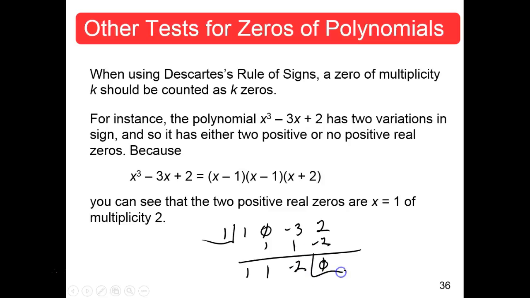We knew that was going to work because we plugged it in. But what does this tell you? What does that represent? A quadratic. What is it? X squared plus x minus 2. And you see what happens if you set that equal to 0.